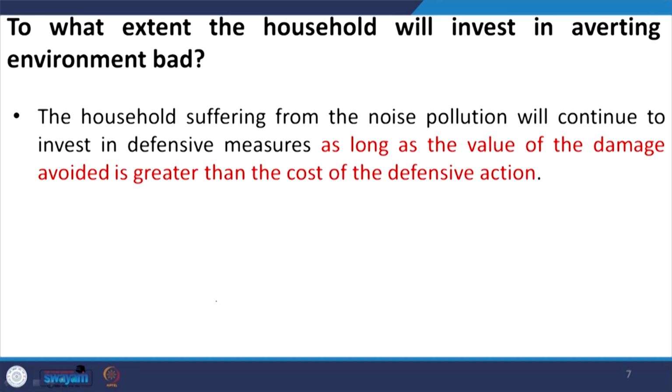So what is the point? As long as the value of the damage avoided is greater than the cost of defensive actions. He can continue to invest in such expenditure until he finds that the value of the damage avoided is no longer greater than the cost of defensive actions.